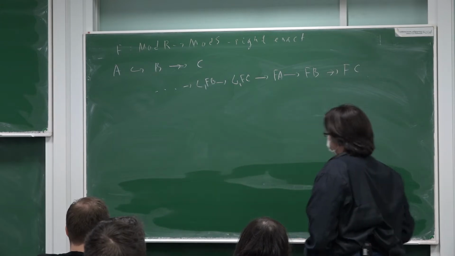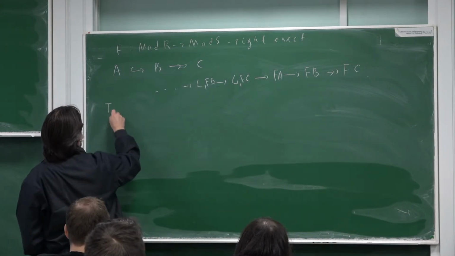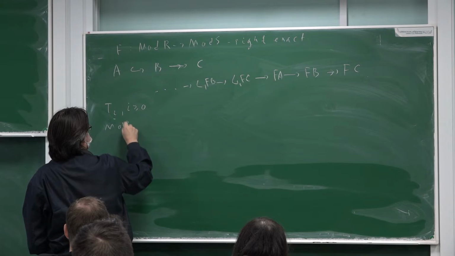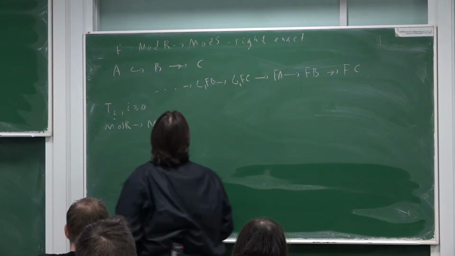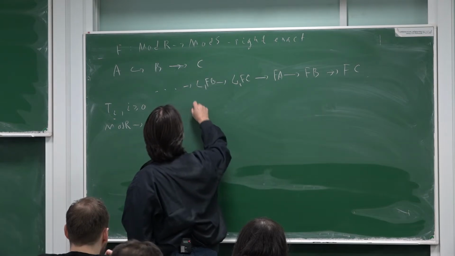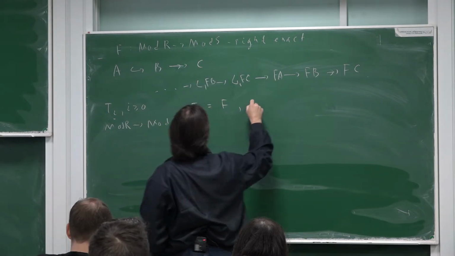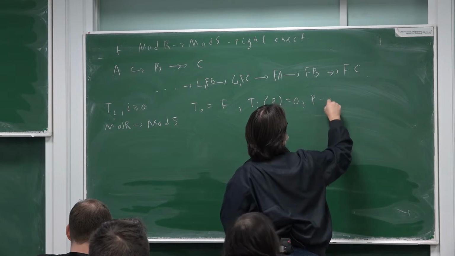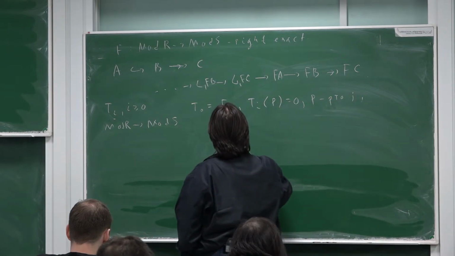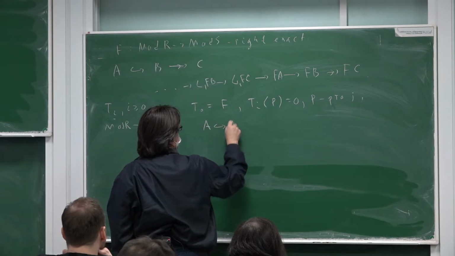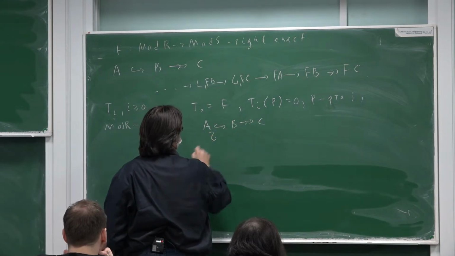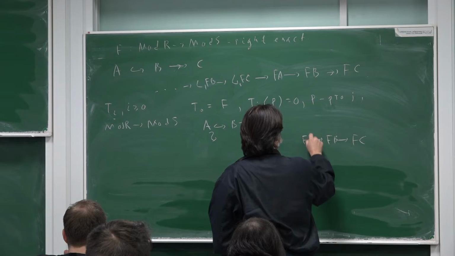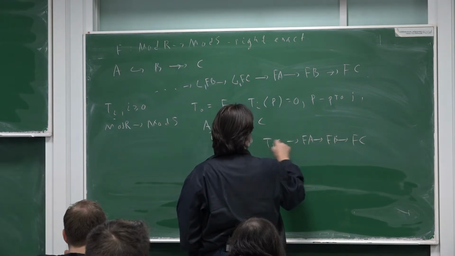And if some functors Ti from mod A to mod S satisfy these properties, namely T0 equals F, Ti of P is 0 for P projective, and for any short exact sequence A, B, C we obtain a long exact sequence FC, FB, FA, T1 C, and so on.